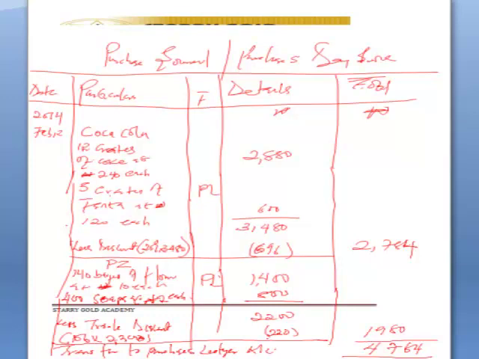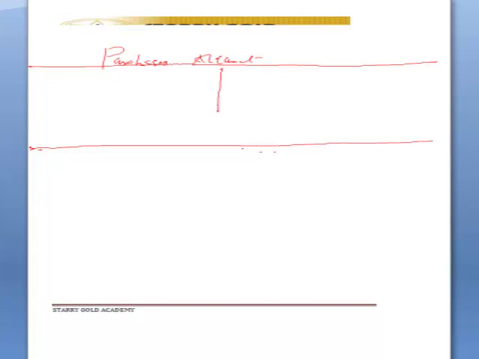So we'll now move to the purchases account. Then we also have the various suppliers' accounts. We have 2 of them.